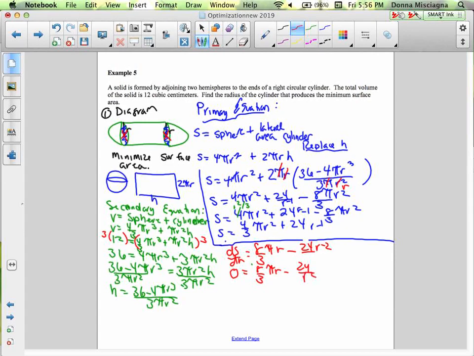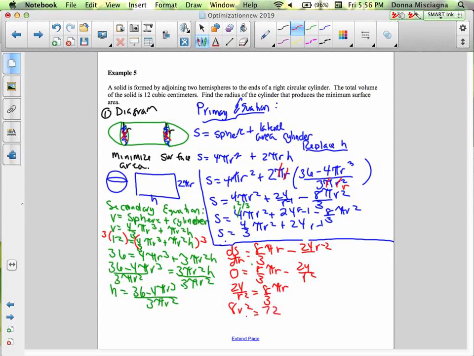All right, so we set it equal to 0, and we'll move that negative term. 24 over r squared equals 8/3 pi r. Now we'll cross multiply. You could, by the way, divide both sides by 8, but if you don't want to, we'll just cross multiply. So this would be 8r squared equals 24 times 3, which is 72.